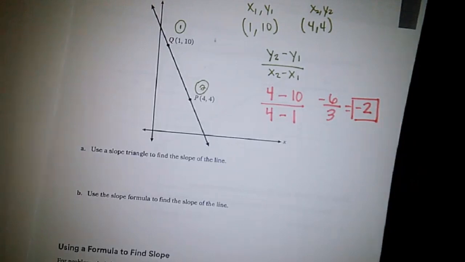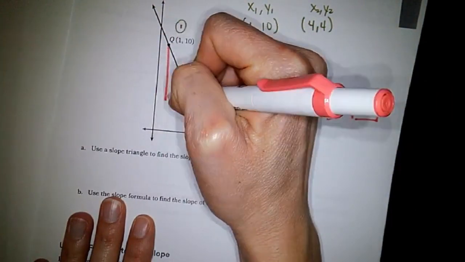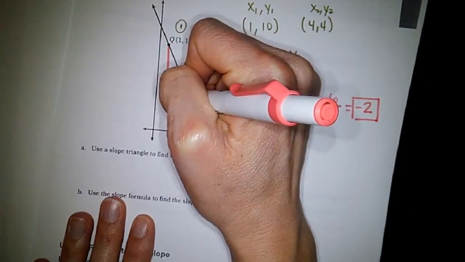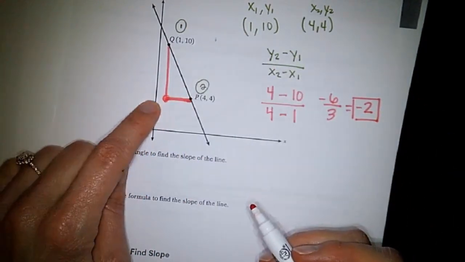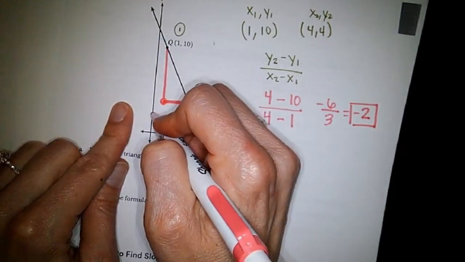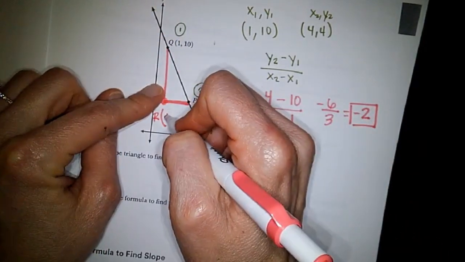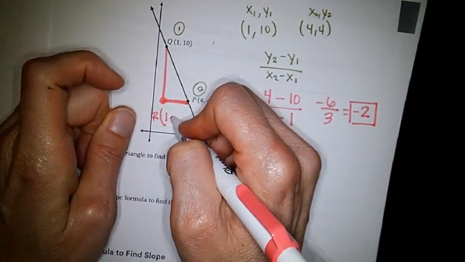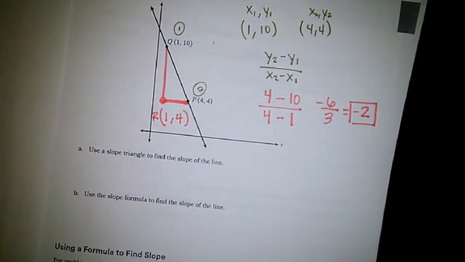Ready? They drew this. Sorry, it's not perfect. And they said that if the dot of this triangle is in this place, then that means that R is going to have the same X as this one, and the same Y as this one. Do we need to know that? Only if they're asking you about the triangle.